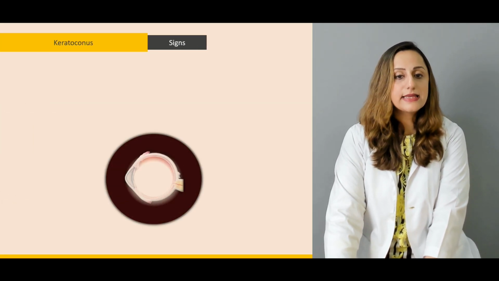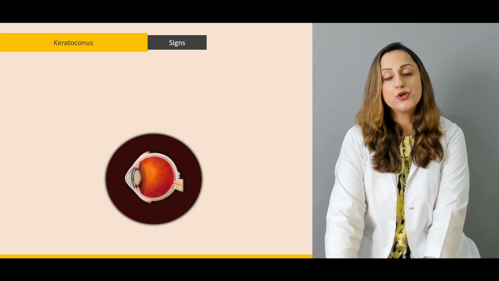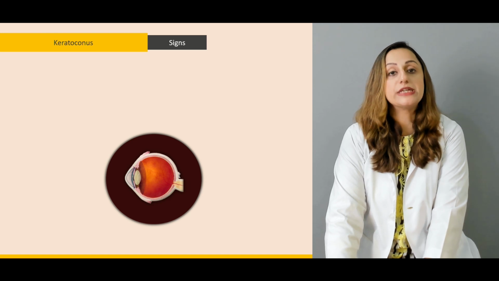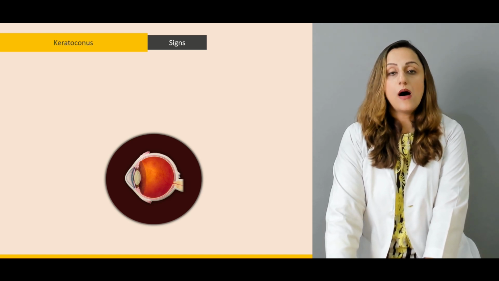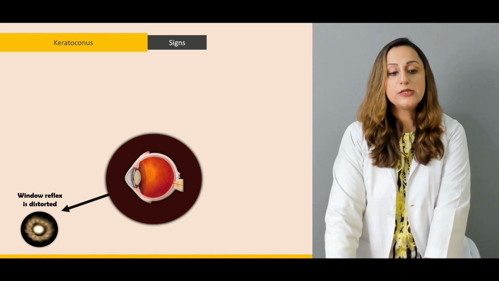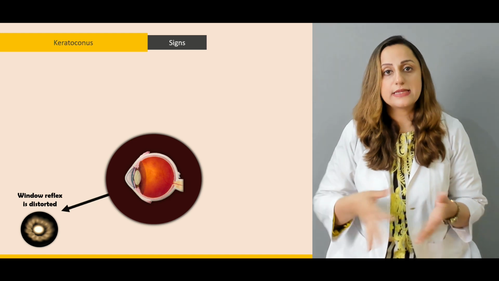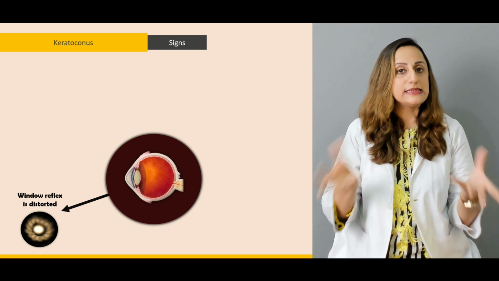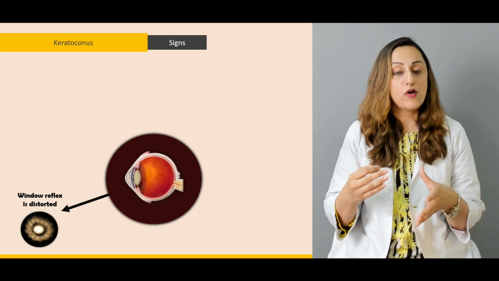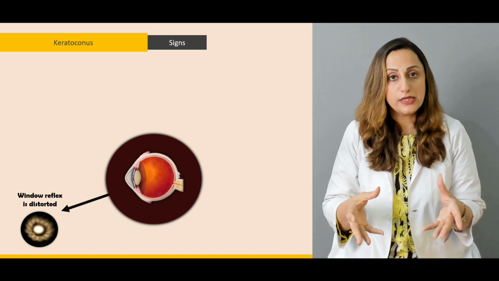The signs: as an ophthalmologist or even as a GP, general practitioner, you should know what are the typical signs that you're going to look for a definitive diagnosis of keratoconus in these individuals. First of all, the window reflex is distorted. So what is window reflex and how do you define this window reflex? It's basically the ophthalmologist checking the neurological deficit of the individual.